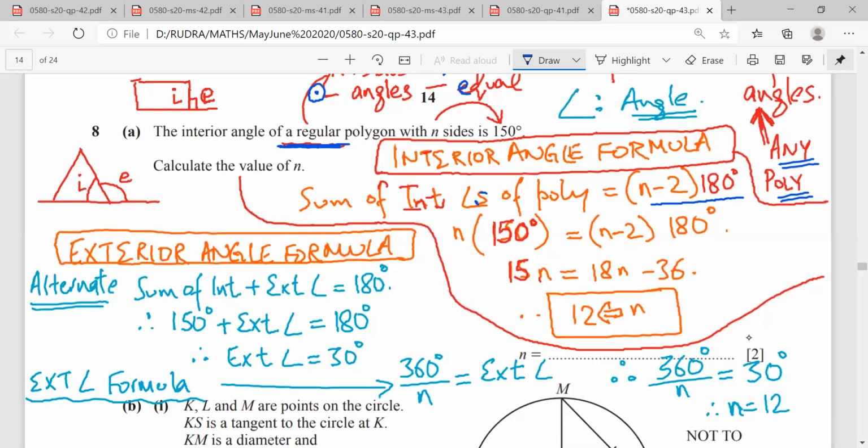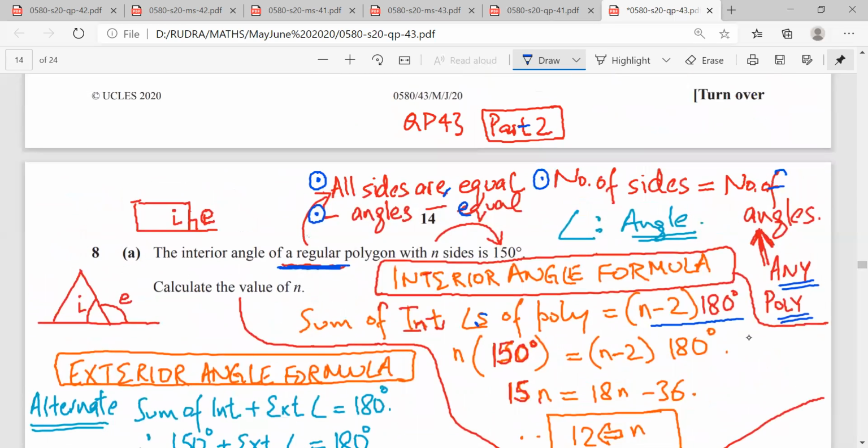Now, in this case, the interior angle of a regular polygon with n sides is 150 degrees. Let us assume, because we are not sure, that this is the regular polygon that we have. If each angle is 150 degrees, this would be 150 degrees, this would be 150 degrees, this would be 150 degrees.